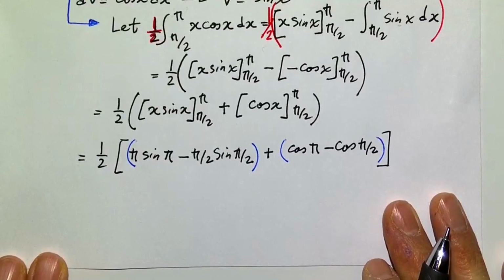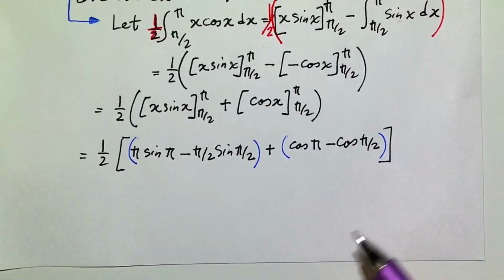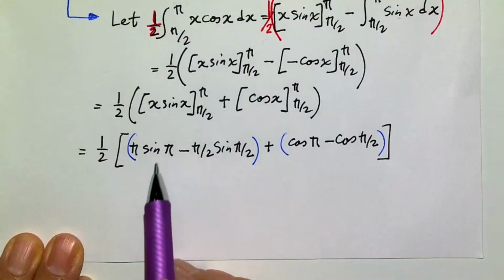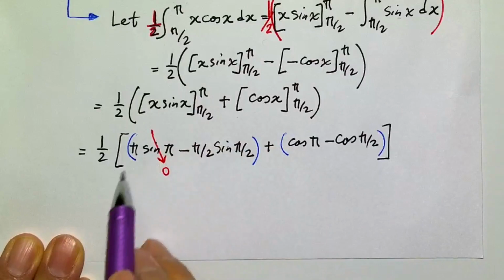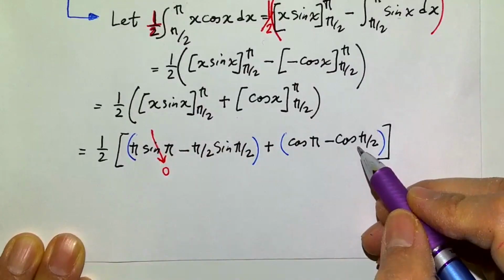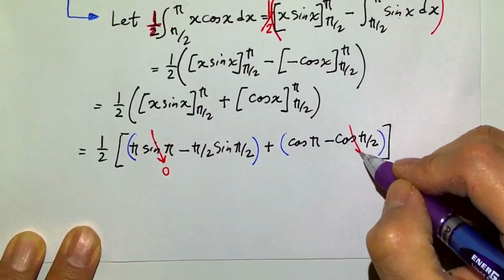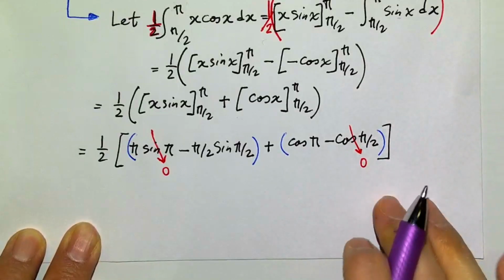Okay. All right, so I'm sure you quickly notice that that one is 0 and drops out. Sine of pi is 0 times pi is 0. And also this one, cosine of pi over 2 is 0, so that term drops out.